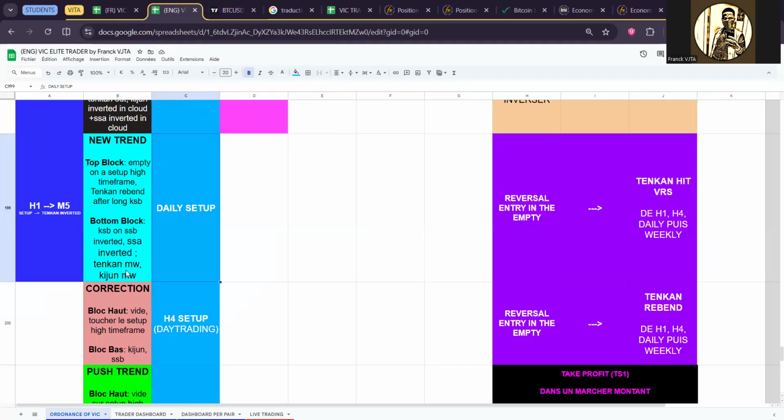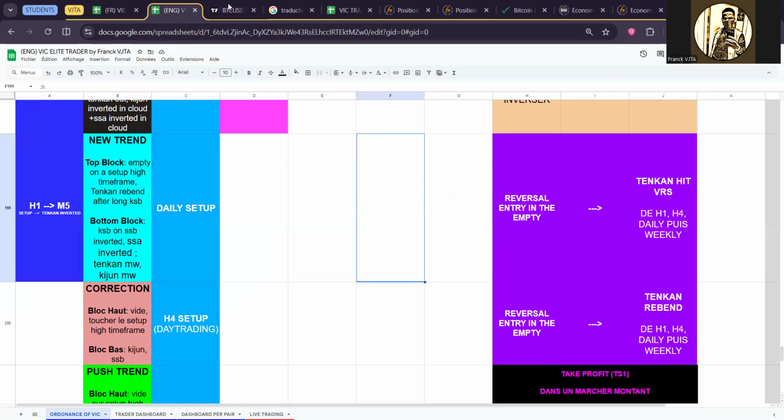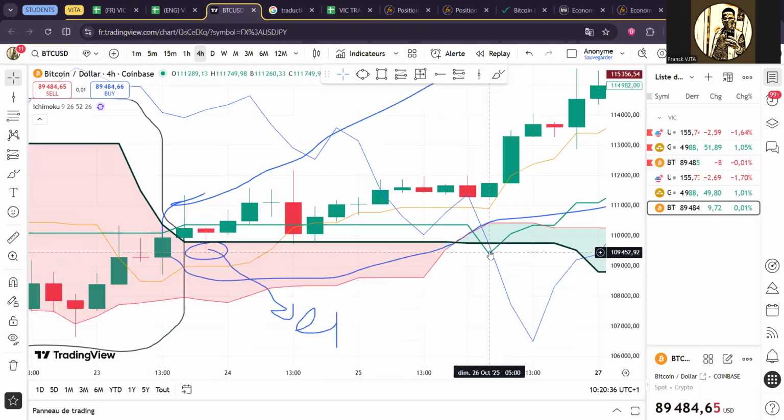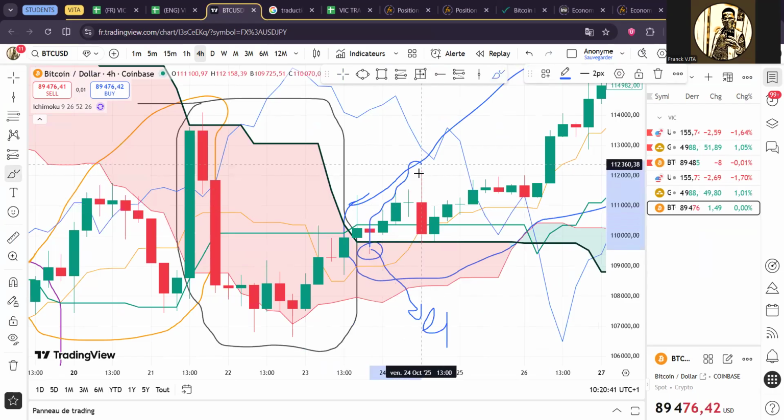So now, other bottom points are Tenkan MW and Kijun MW. Let me talk about it a little bit. When the price starts to move to the upside, you will see that the price is doing the highs and the lows, the highs and the lows.